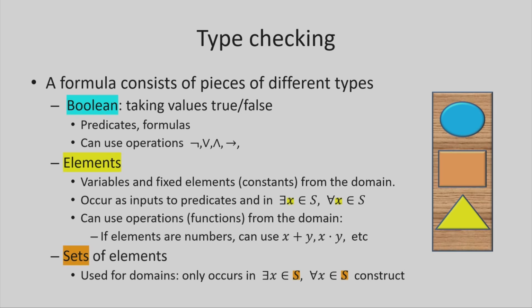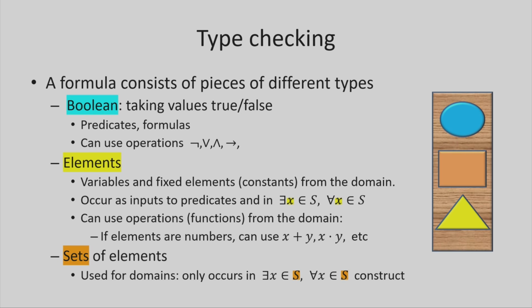So this is what type checking kind of is. You have pieces of different types, round, square, triangle, and you put them into different holes, different places in your formula. And you don't want to put a round piece into a square hole and vice versa.